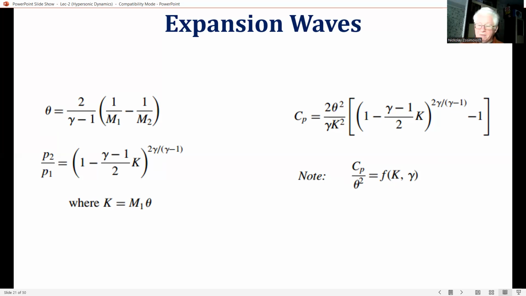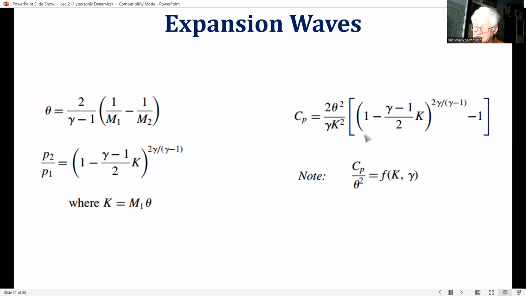Also, for the same assumption, P1 over P2 over P1 gets us the expression 1 minus (gamma minus 1) over 2 times k, all of these in parentheses, to the power 2 gamma over gamma minus 1. So here k is exactly M1 times theta.